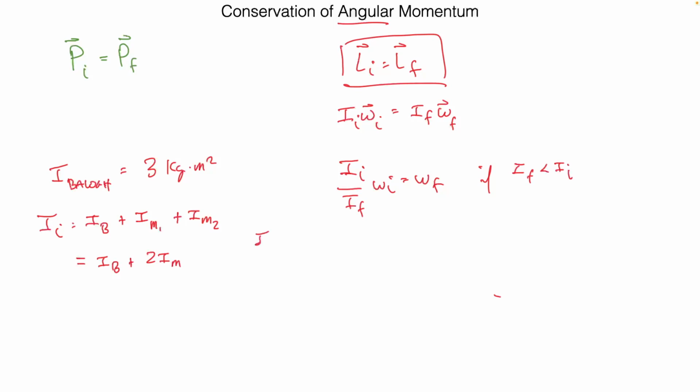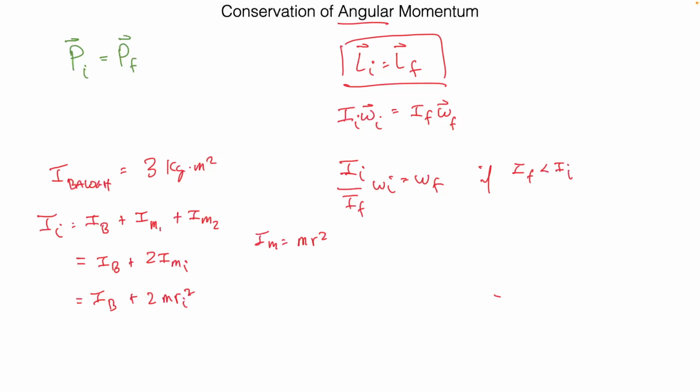And we're going to use that the moment of inertia of a mass is just mr squared. So the initial moment of inertia is Mr. Balogh plus 2 times the initial moment of inertia of the mass. I'll put initial up there, and then I'm just going to put in m r initial squared.